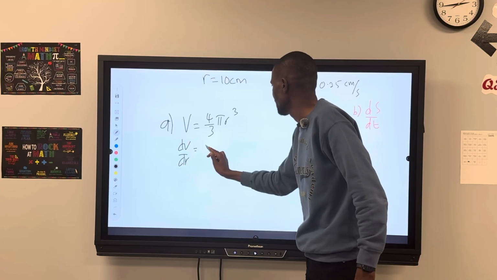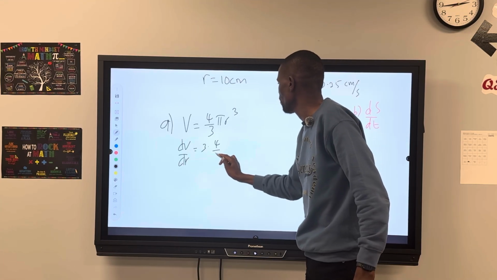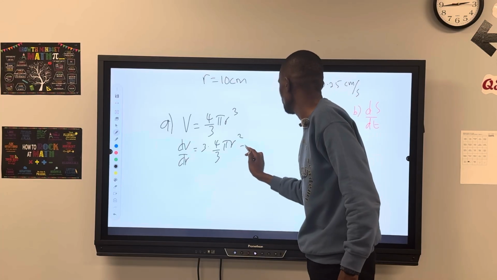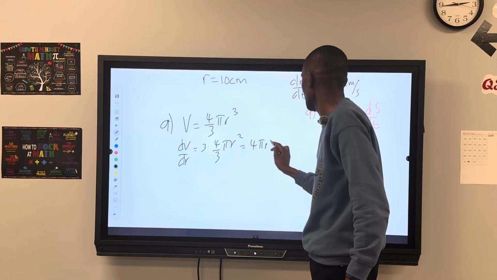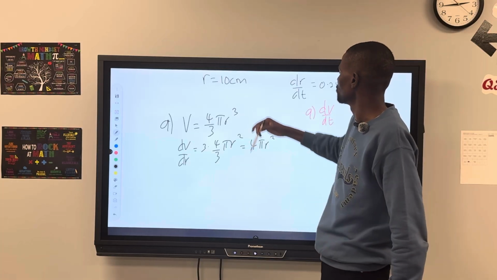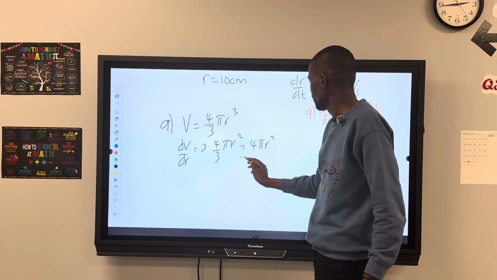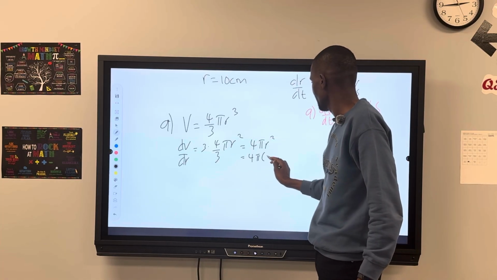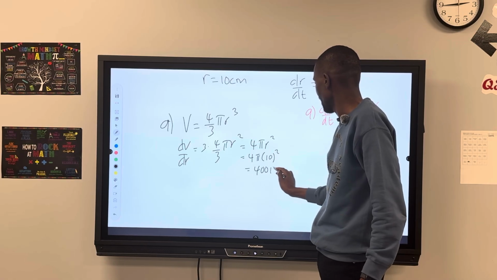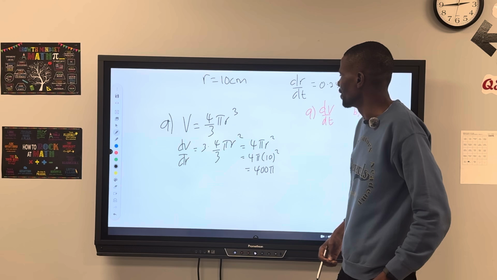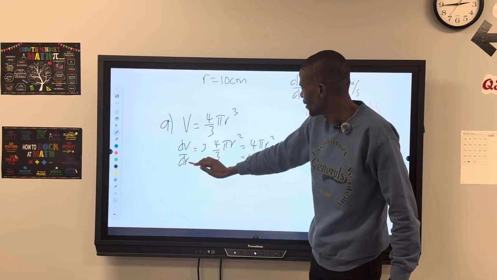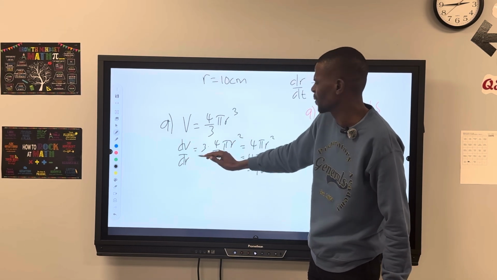If you bring down the 3, it's 3 times 4/3 pi r squared, which simplifies to 4 pi r squared. Usually I encourage you to plug in this value, which is just 4 pi times 10 squared, which is 400 pi. Remember, this was volume with respect to radius.